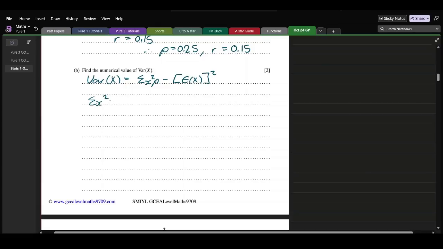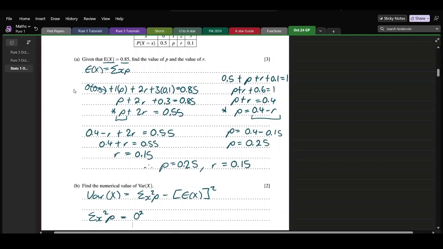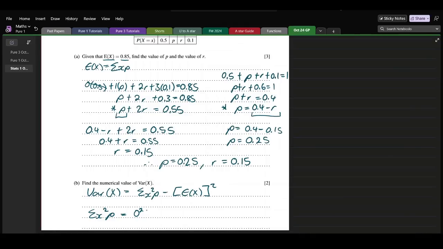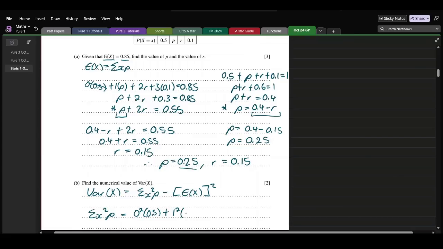So the summation of x squared p is equal to 0 squared times our first probability, which is 0.5, plus 1 squared times p, which is 0.25, plus 2 squared times r, which is 0.15, plus 3 squared times 0.1.